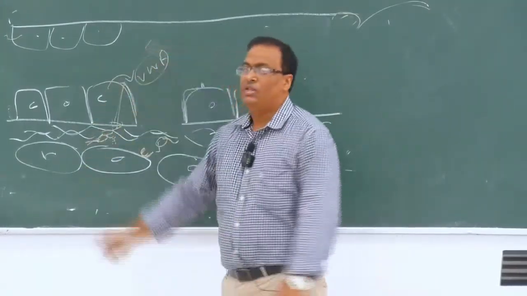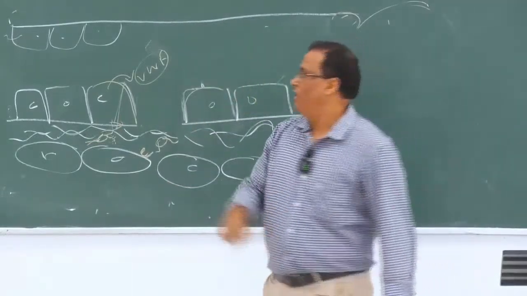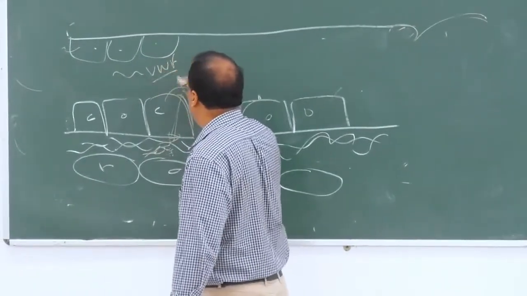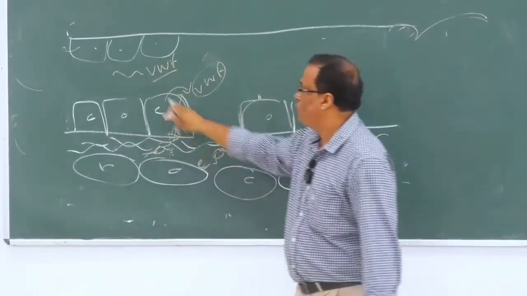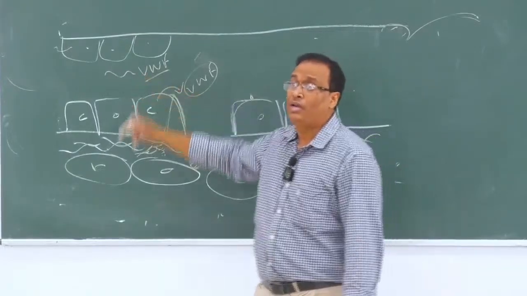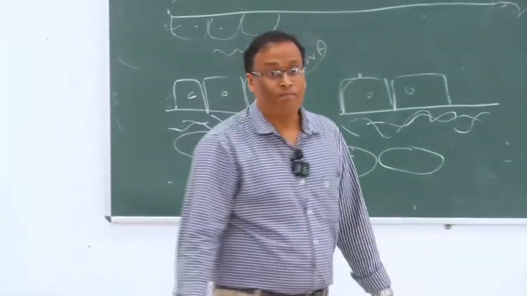Not only that, this von Willebrand factor is present in the blood itself. Von Willebrand factor is flowing also. Not only is it released from the endothelial cell, but it is also present in the normal blood. Von Willebrand factor is stored in the alpha and beta granules.